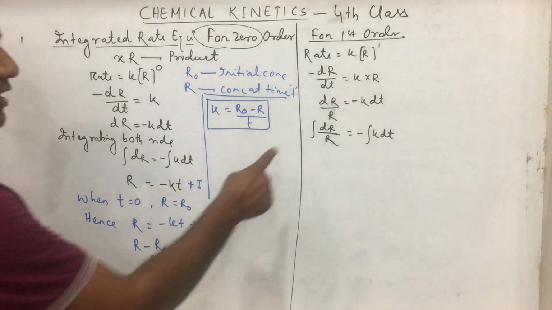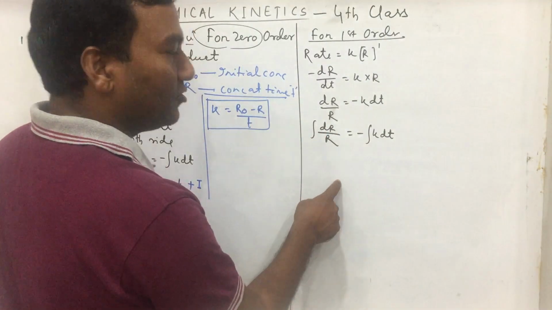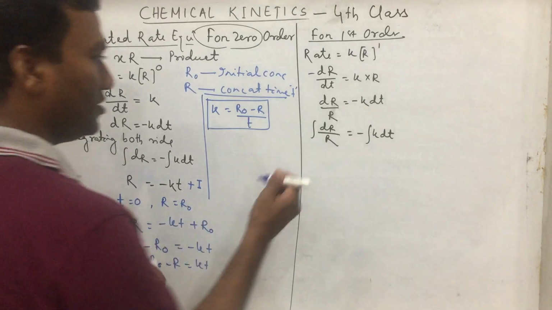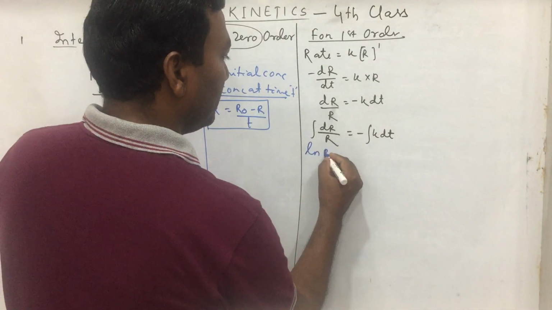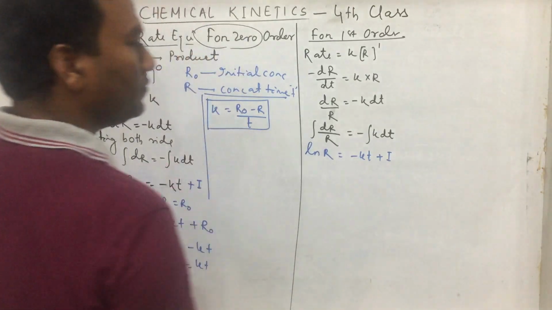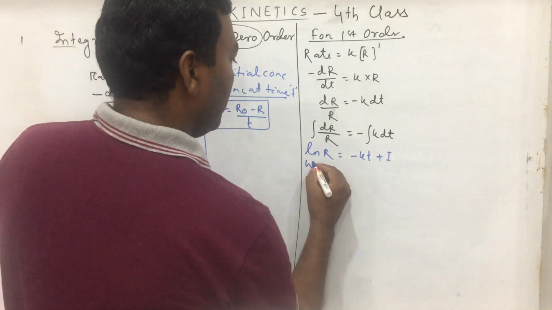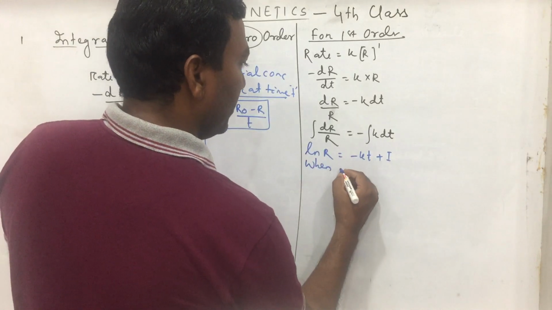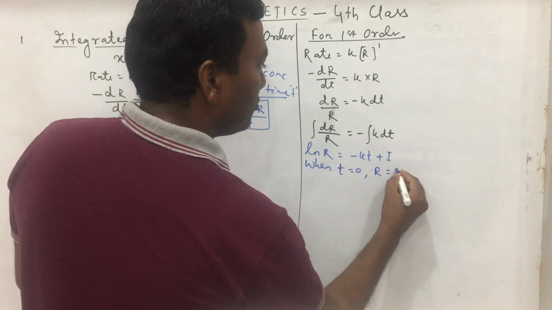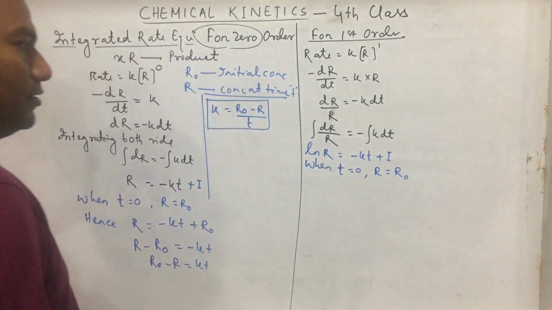Similarly, for first order, what value will come? You see, integration of dx by x comes in ln form. So it is ln R equals minus Kt plus I. So when t equals 0, R equals R naught.